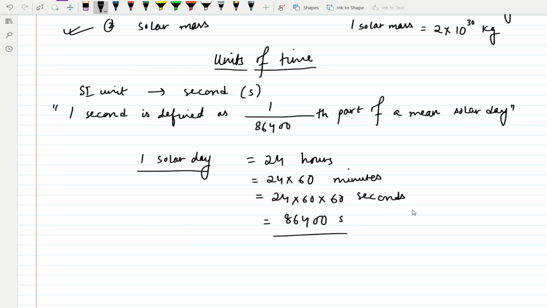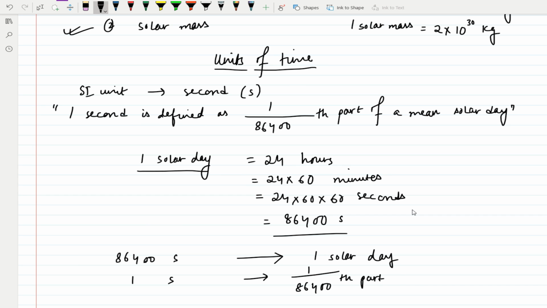So in the unitary method we can say 86400 seconds make up one solar day. So 1 second makes up 1 upon 86400th part of a solar day. This is normal unitary method. So now if you see the definition, 1 second is defined as 1 by 86400th part of a mean solar day. So I hope the definition is clear now.